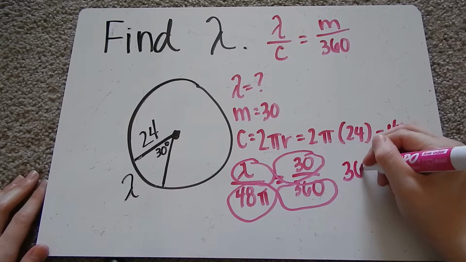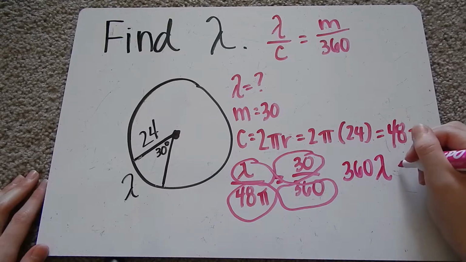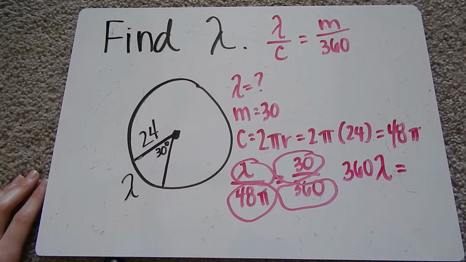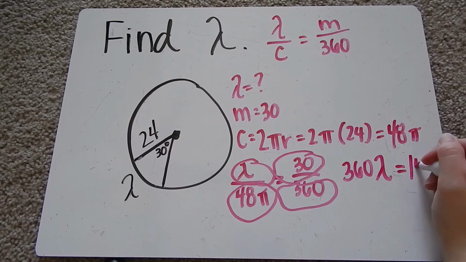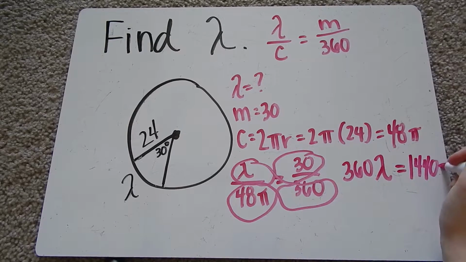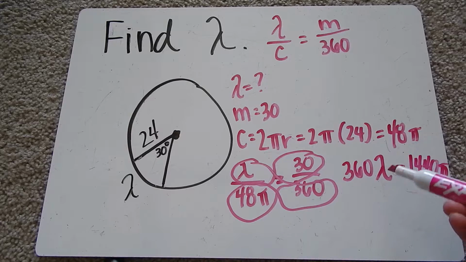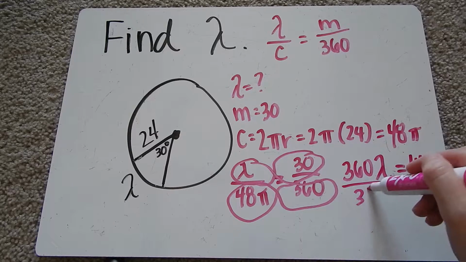So we have 360 lambda. Lambda is just a variable. You can think of it like x. Equals 48 times 30 pi. So 1440 pi is what we get there. To get lambda by itself, I'm going to divide by what's in front of it.